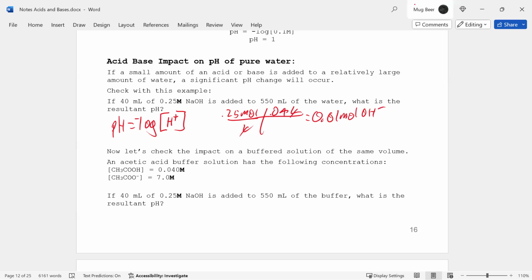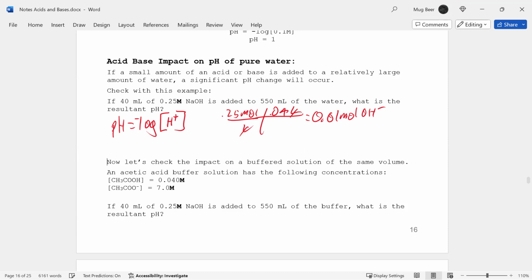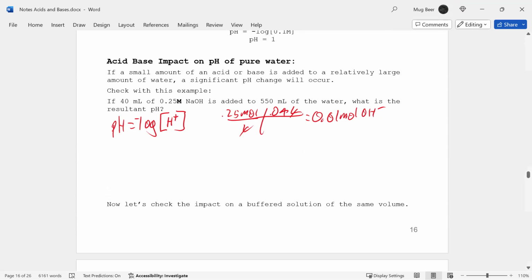All right. So I know how many moles of hydroxide I've got. So I need to know the concentration of that OH. So I've got 0.01 moles of hydroxide divided by 0.59 L. Where did that come from?